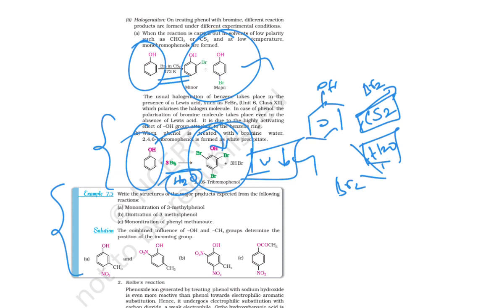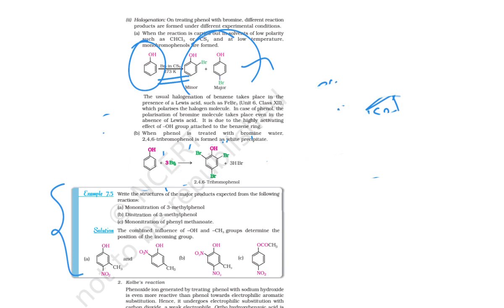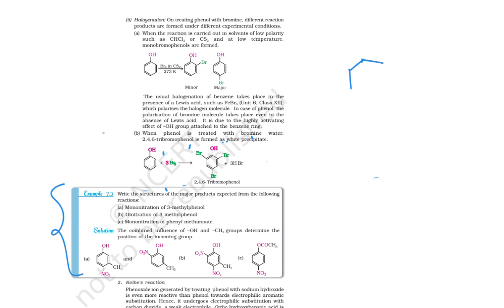Example sum, right? What is the question? Write the structure of the major product expected from the following. What is given? There is a mononitration of 3-methylphenol. First I will take the 3-methylphenol. This is very, very important if you are studying for the NEET and IIT exam.